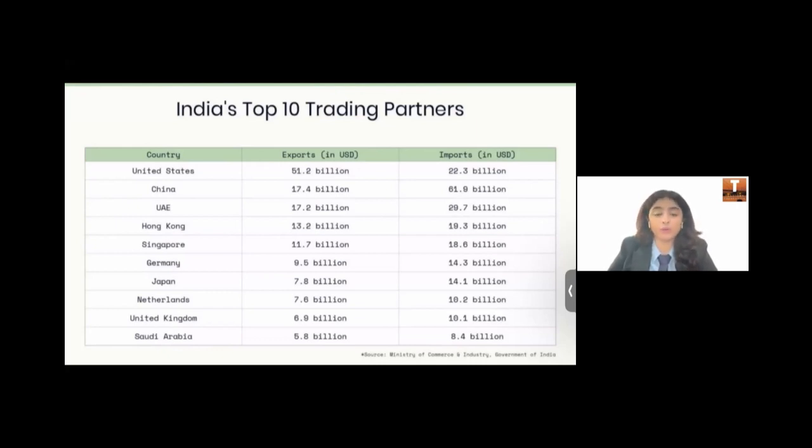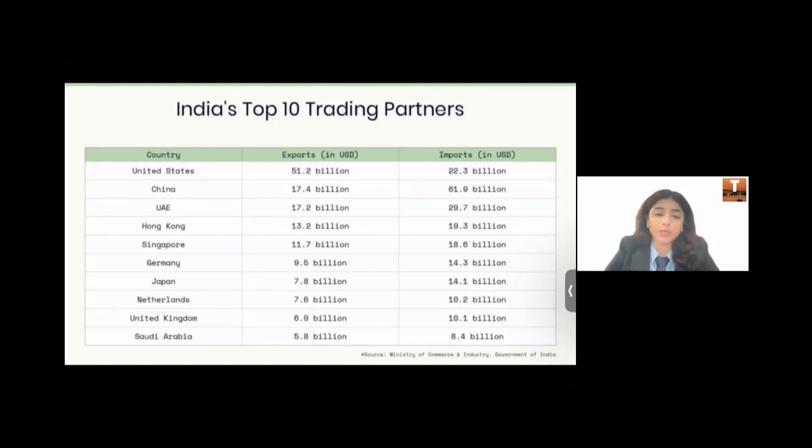Next comes Hong Kong. Hong Kong serves as a significant trading partner for India, acting as a re-export hub for Indian goods to other parts of the world. The trade relation between the two countries spans sectors like textiles, precious metals, and machinery.